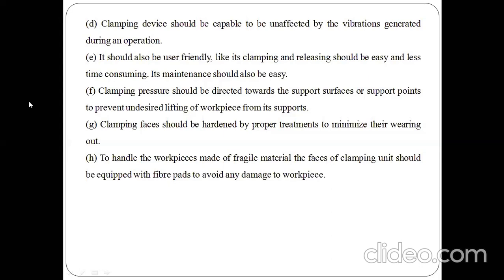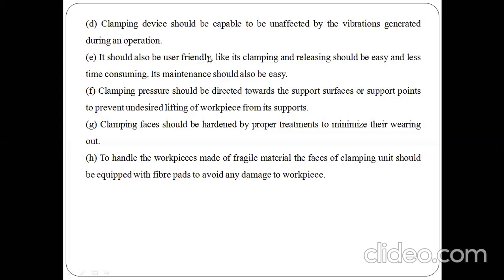Clamping pressure should be directed towards the support surface or support points to prevent unintended lifting of a workpiece from its supports. This also plays an important role. Clamping force faces should be hardened by proper treatment to minimize their wear out, because this clamping element comes in contact with your workpiece, so it should be properly hardened with the help of a proper treatment process.